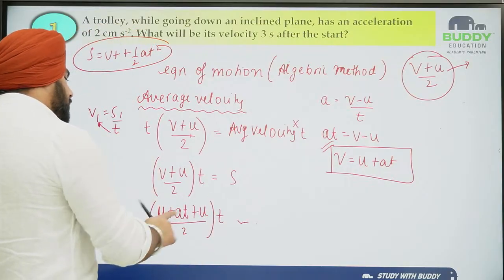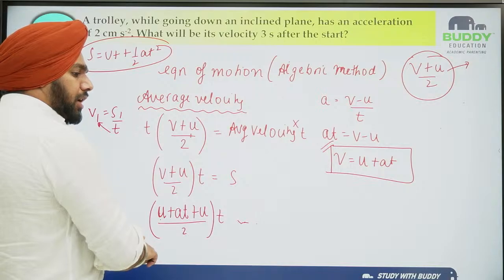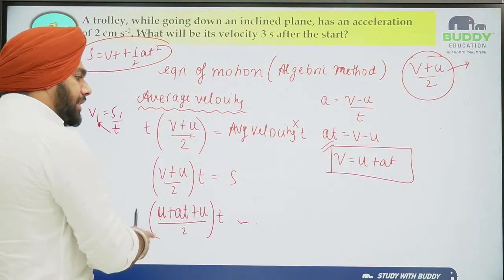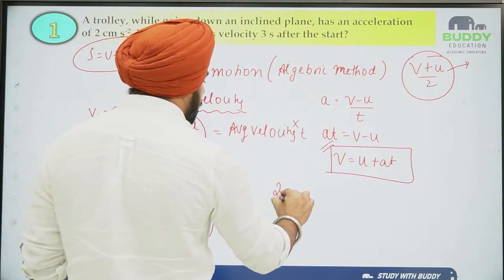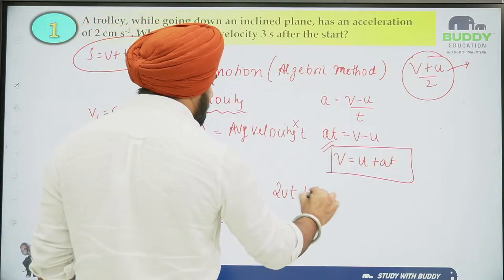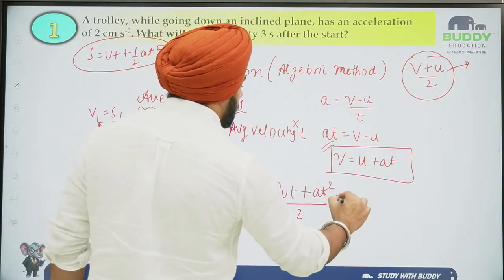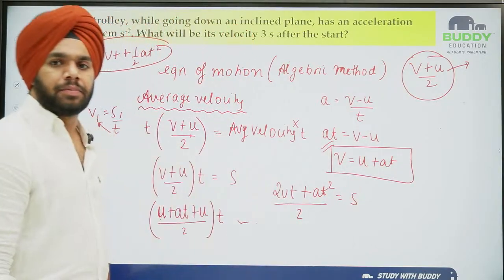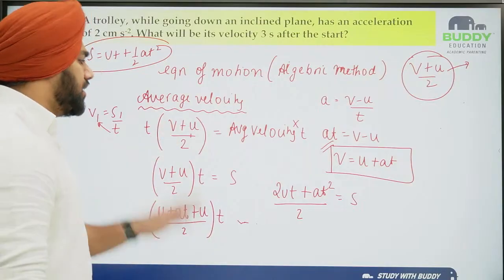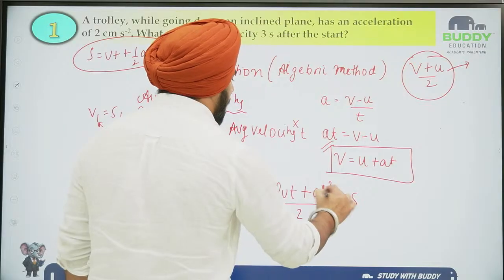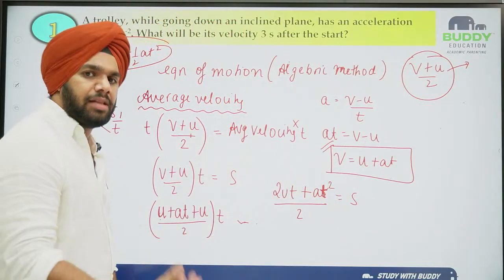Now simply what you have to do is just add u and u, it will become 2u. 2u plus at multiplied by t, it will become 2ut plus at square by 2 is equal to displacement. Got my point? I'm keeping the pace very slow just to make sure that you are understanding, because this is not very common and this is not covered normally in schools.